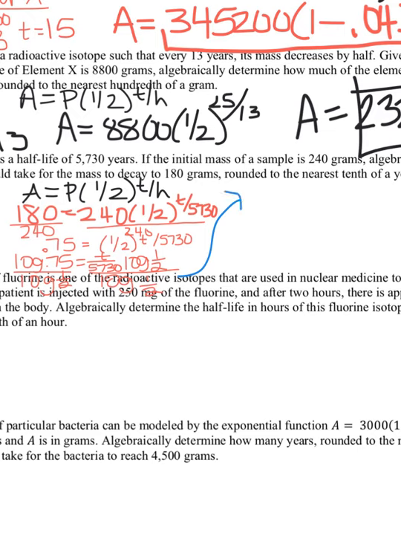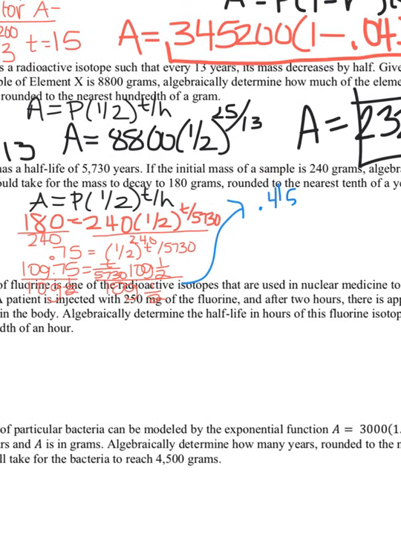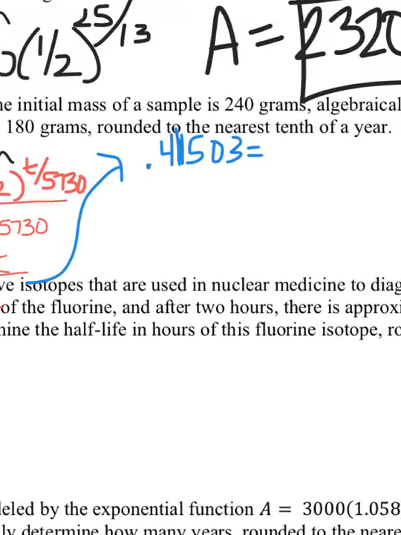When I do in the calculator log 0.75, close the parenthesis, divided by the log of 1/2, that gives me, you're writing 5 decimals, 0.41503 equals, and on this side the logs canceled, so it's just t divided by 5730.